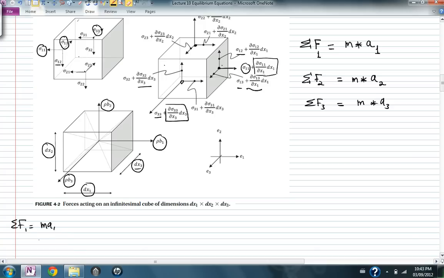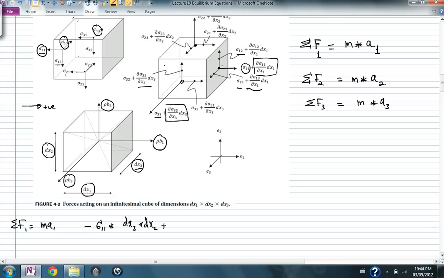All the forces in the horizontal direction. The first force is sigma on 1 multiplied by the area, and the area is dx3 dx2. This will be negative because this direction is positive, and the opposite direction is negative. So I have minus sigma on 1.